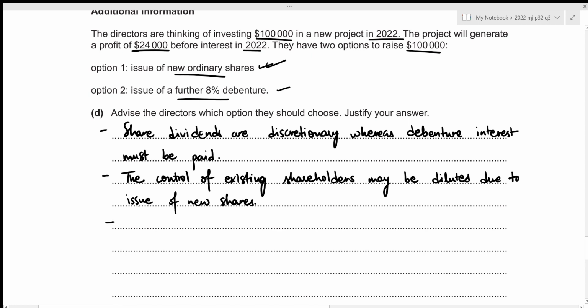And if we're talking about debentures, higher non-current liabilities will increase our gearing ratio. Let's write it down. Debenture increases the gearing ratio.